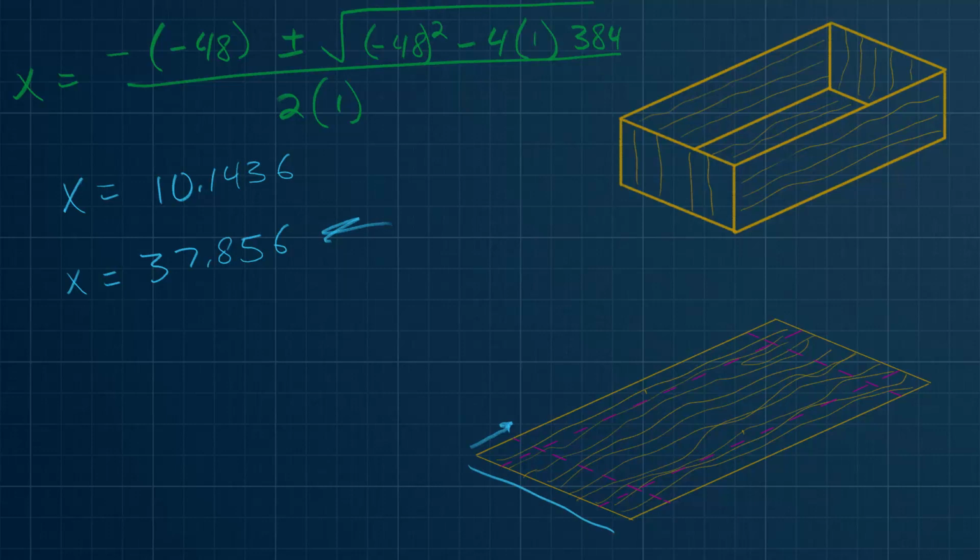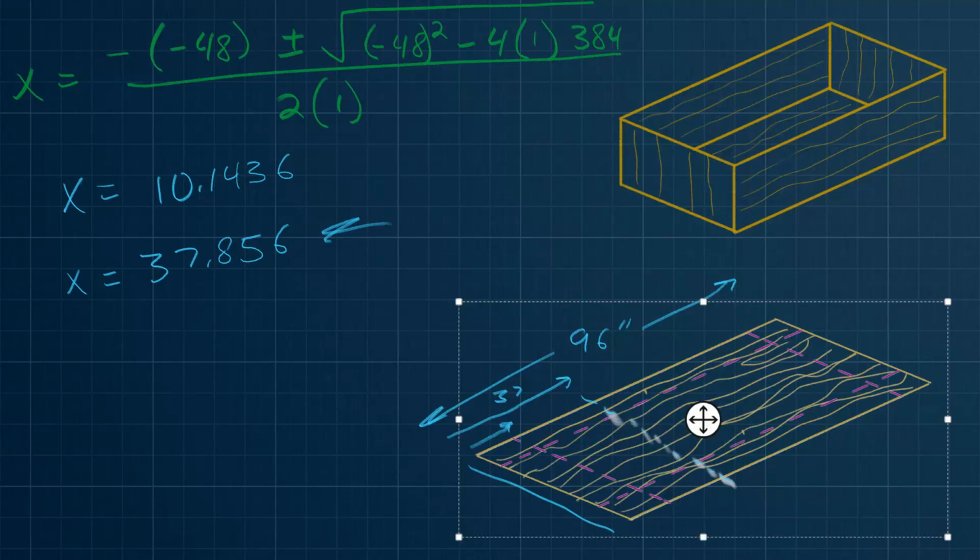The whole piece of plywood is 96 inches wide, from here all the way out to here. 37 inches comes a little bit shy of halfway. If we cut all the way through, that's not going to be ideal because that's not how we want to build our box.